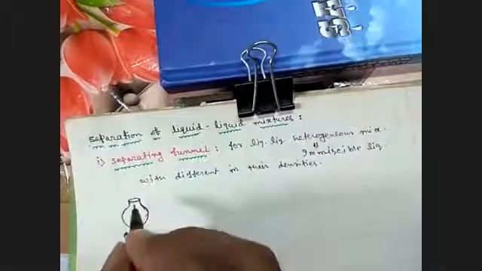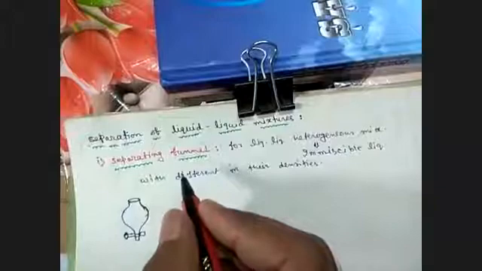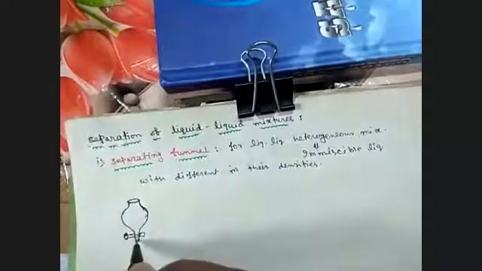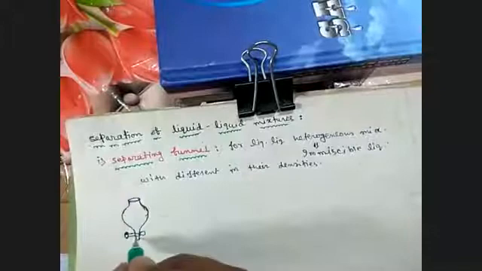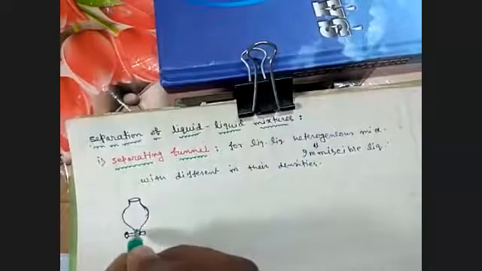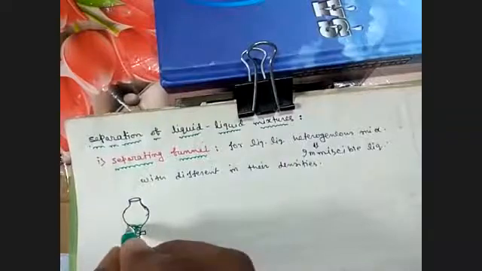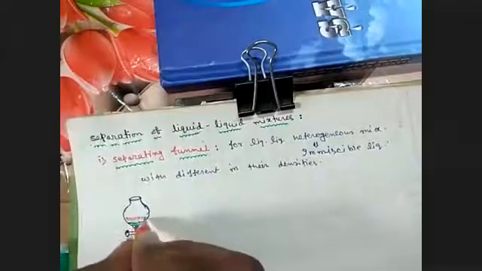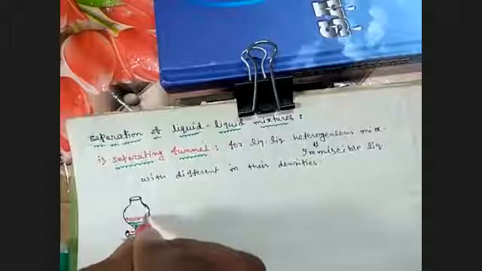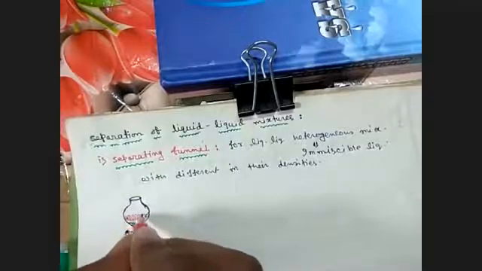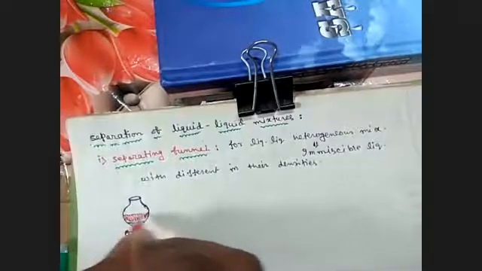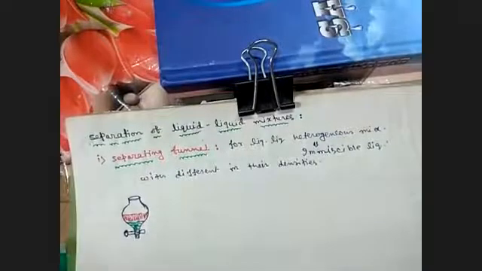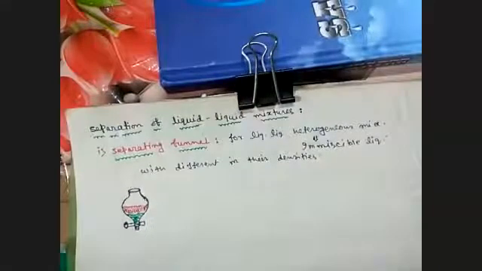In this funnel, we will take that heterogeneous liquid mixture, two liquids. Suppose one liquid is in green color, and there is another liquid which is in red color. Okay, so they are different in their densities. This is also useful for liquids having different densities.